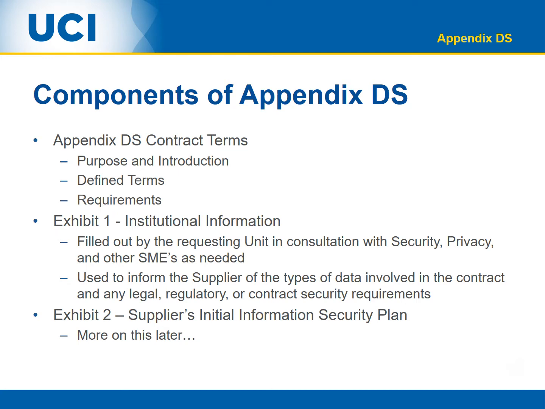This is really intended to define what kind of data will be part of this contract, and that's really important to be able to inform the supplier of the type of data that is going to be part of the contract, so they really understand what their requirements are, both from a data and a legal perspective, for protecting this data. And lastly, there's an Exhibit 2, and we'll talk a little bit more about that, but that's the supplier's initial security plan that they return back to UCI.